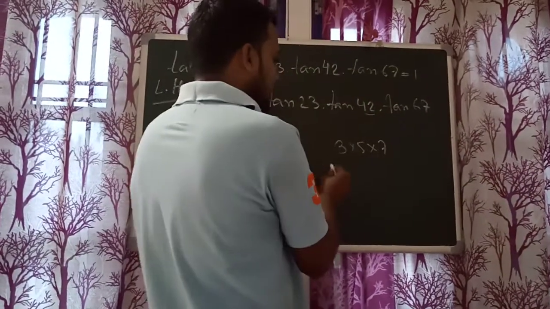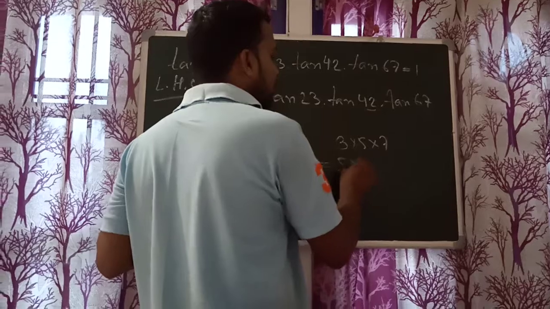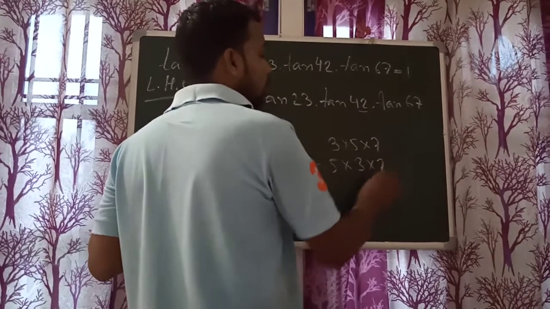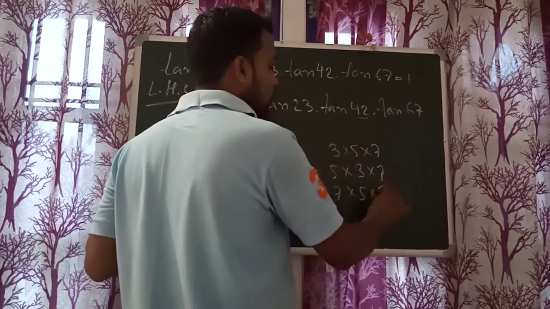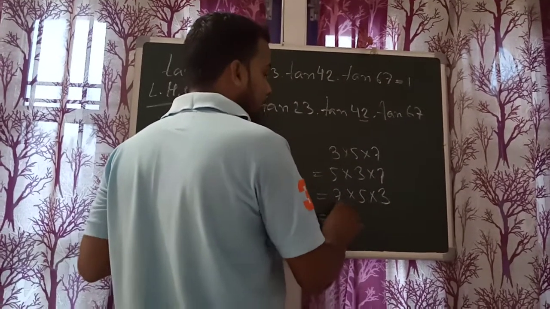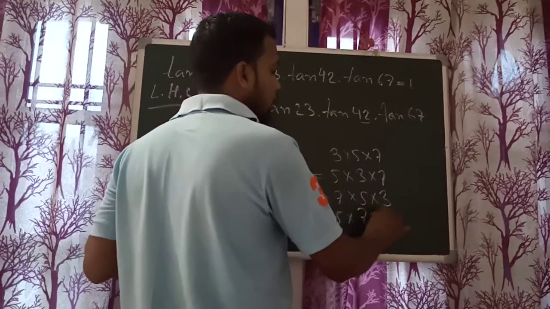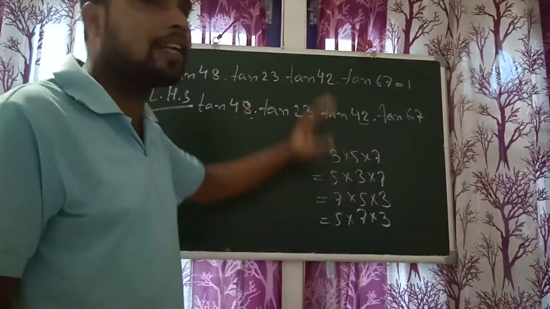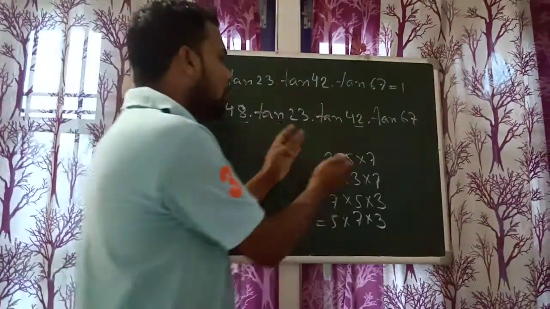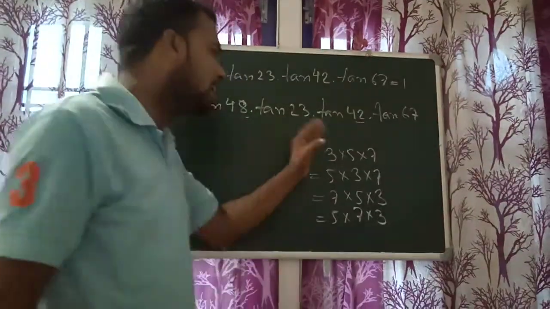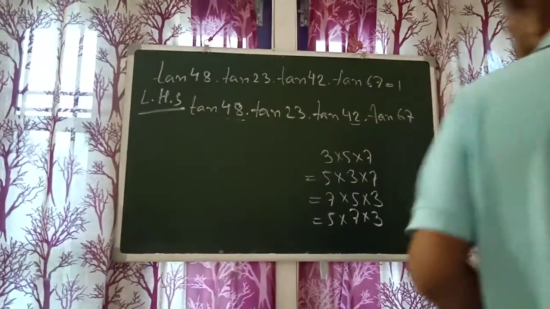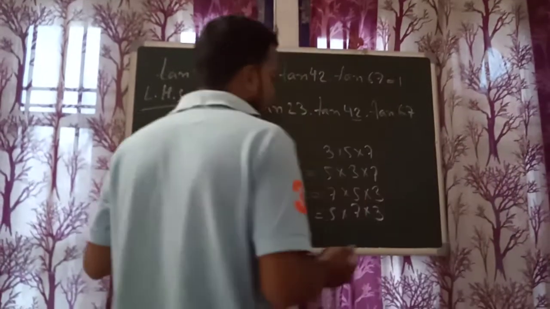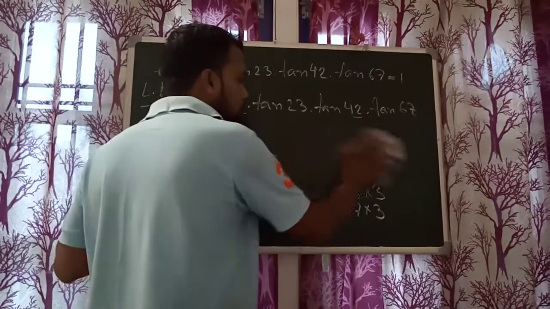This number can be written like this way also: 5 into 3 into 7, or 7 into 5 into 3, or 5 into 7 into 3. Everywhere we are getting same result. Okay? If there is multiplication sign. Okay? If there is addition sign, all are plus, then also we can do like this way.